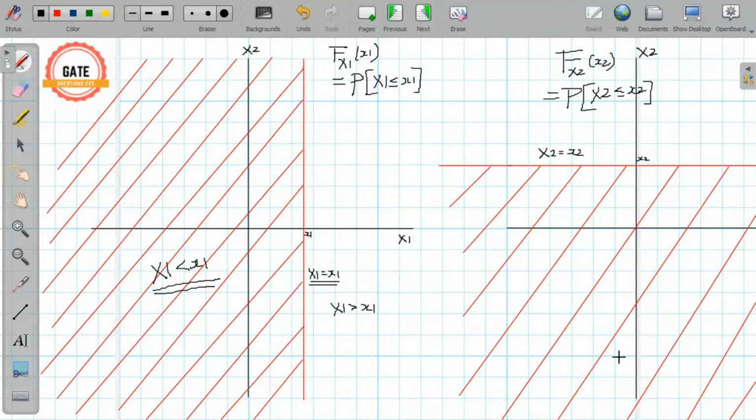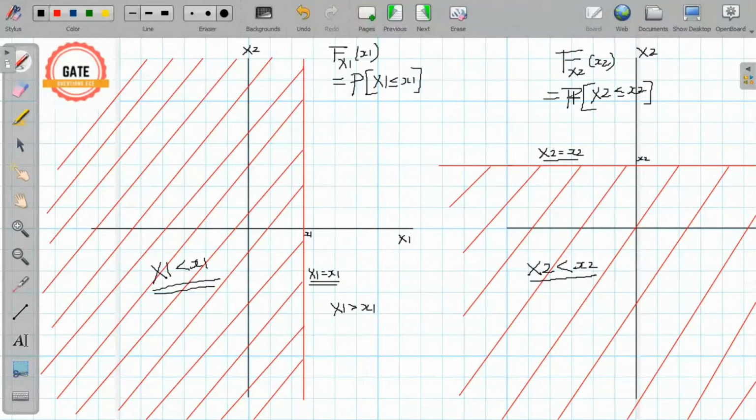The region lying below this line, this entire red shaded region, is where X2 is less than small x2. So this probability will be equal to the probability that random variable capital X2 lies in this region, where X2 is less than small x2, or on the boundary where X2 is equal to small x2. So that is the graphical meaning of the CDF of X2.